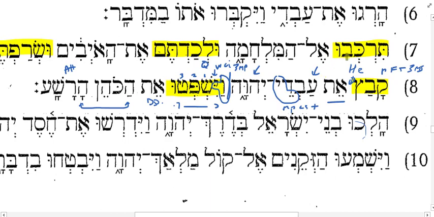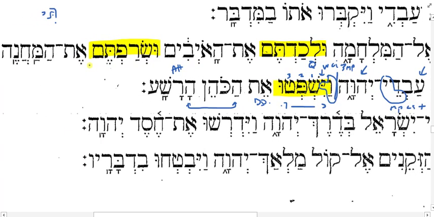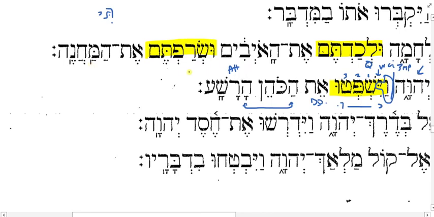So let me read this here real quickly. I'll put my cursor underneath. So, tirkavu el hamilchama ulukatem et haoyevim usuraftem et hamachane.